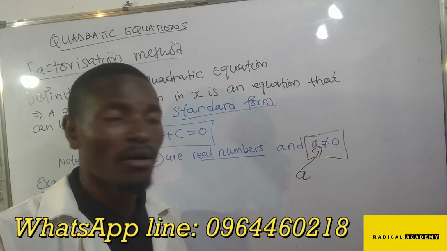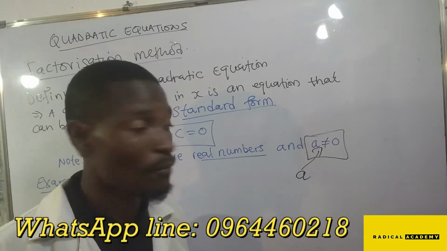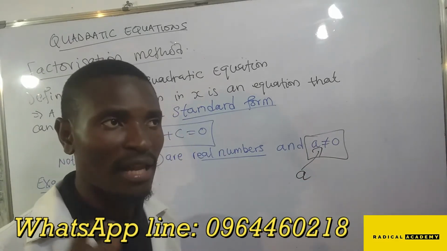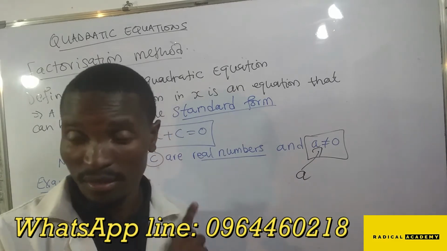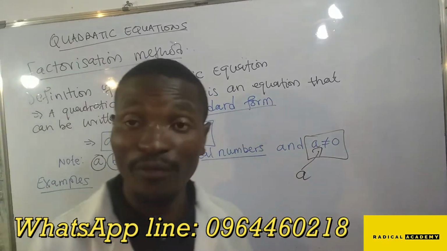That will take us into just an equation in one variable. So ensure that your a is not equal to 0, and that is what the standard form says. Now let us look at some of the examples.